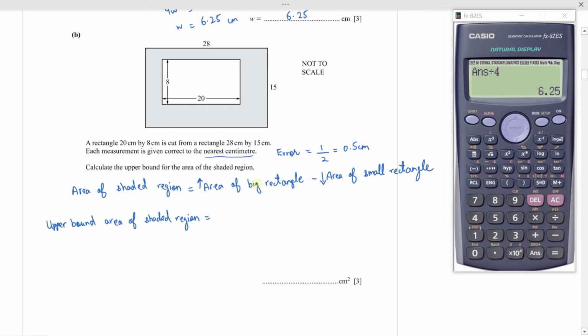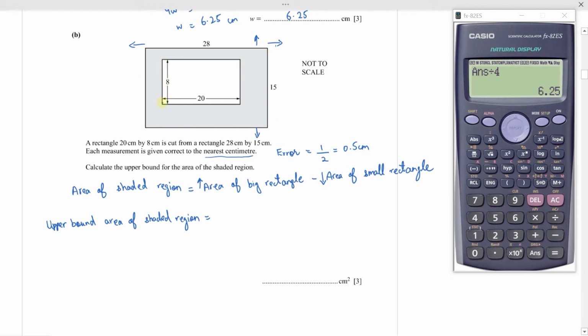That's when this subtraction will give me the largest possible answer. So to maximize the area of the large rectangle, I need to increase this width, that means find the upper bound of this width, and also increase the length of this rectangle so that I can maximize the area of this big rectangle.